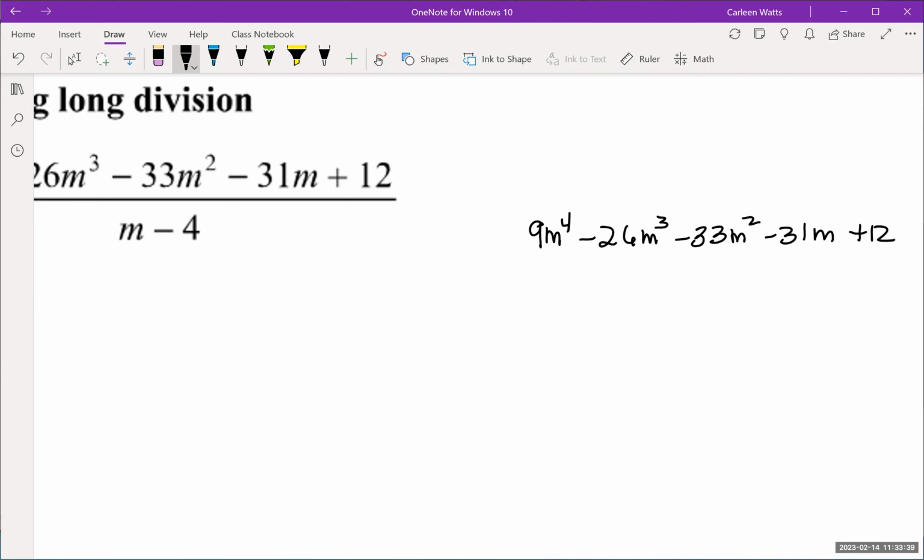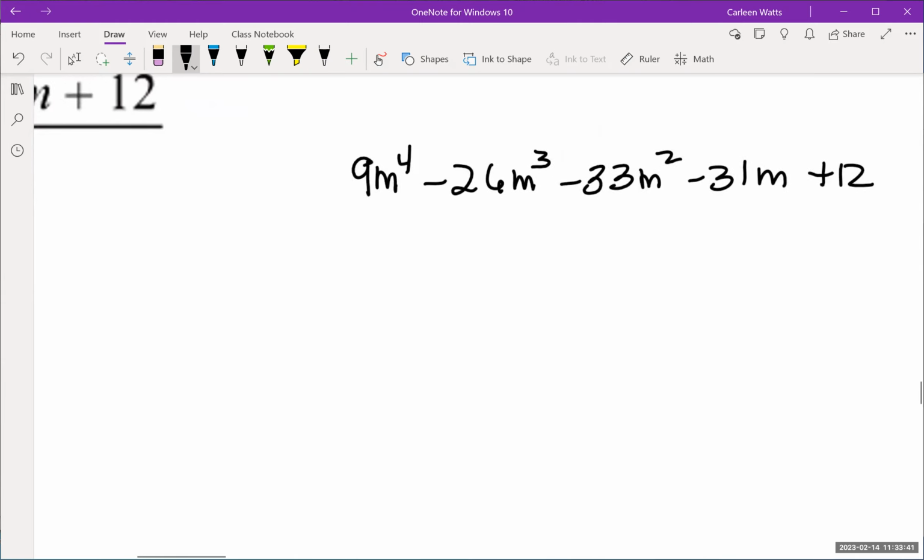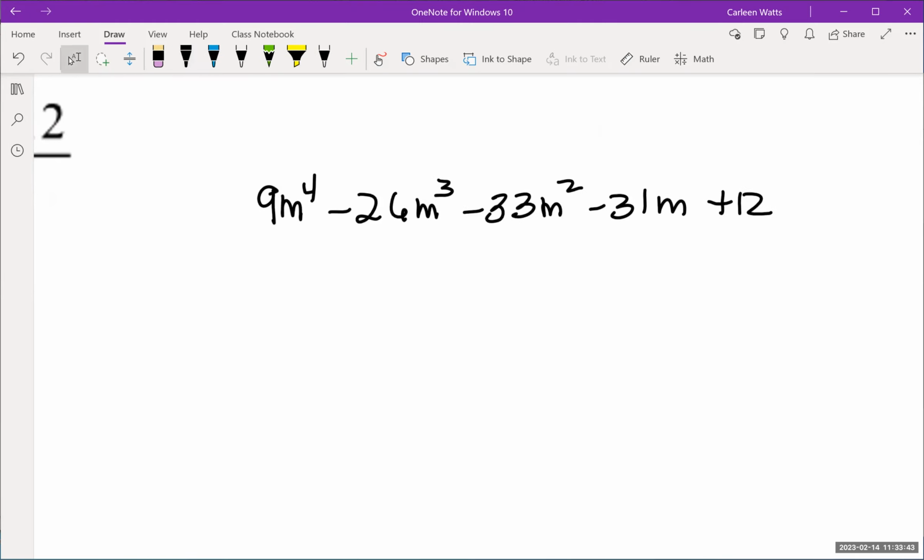Okay, 9m to the 4th, minus 26m cubed, minus 33m squared, minus 31m, plus 12, divided by m minus 4.